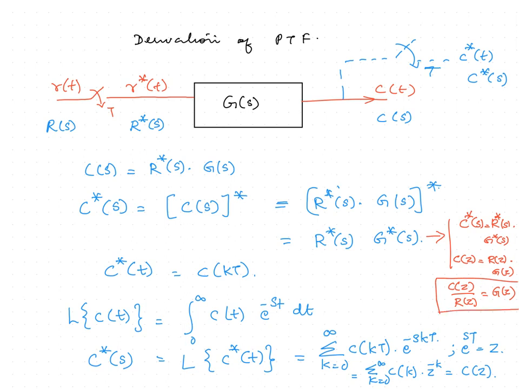This is pulse transfer function. So, pulse transfer function is the ratio of the z transform of the output, that is the sampled output, to the z transform of the sampled input. In doing so, the output information between the sampling instance is lost.